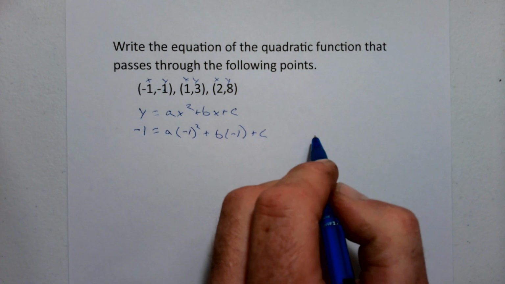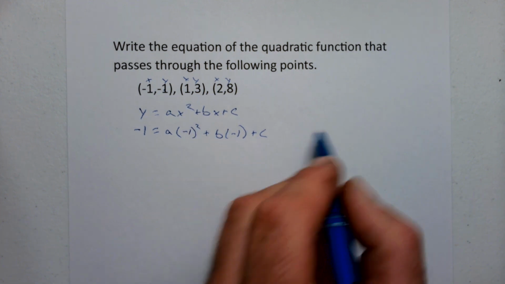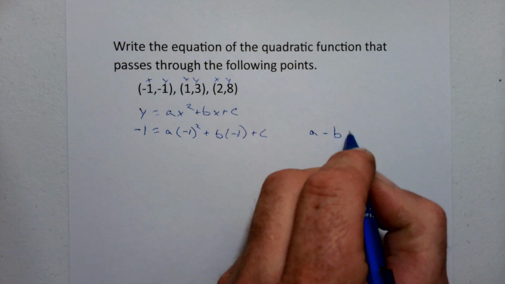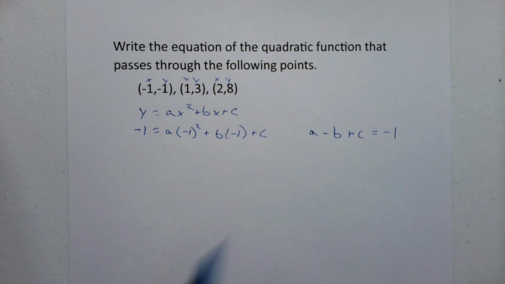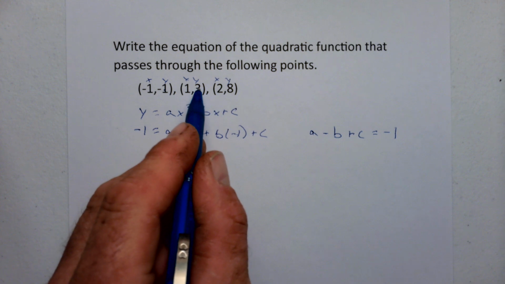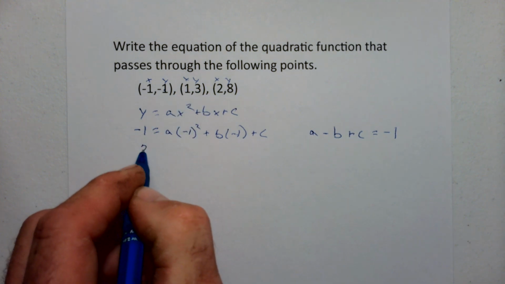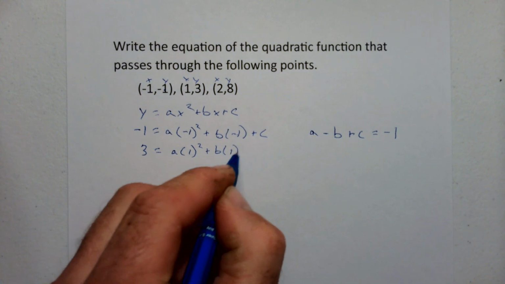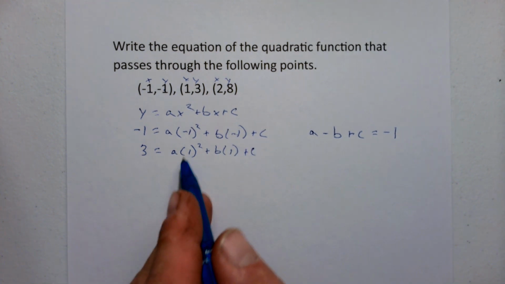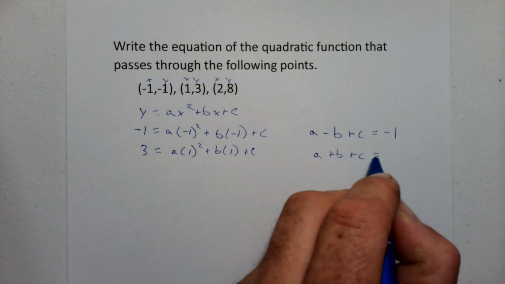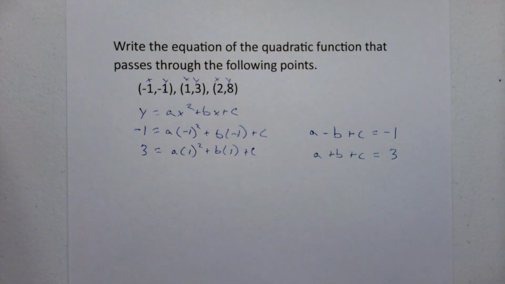Simplifying this, -1 squared is 1, so we end up with a. b times -1 is -b plus c is going to equal -1. Our second equation, y equals 3 when x equals 1. So 3 is going to equal a times 1 squared plus b times 1 plus c. Simplifying this, we have a plus b plus c is going to equal 3.